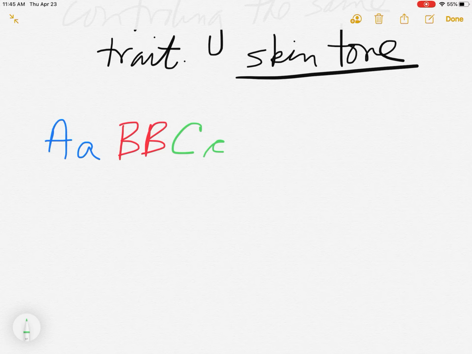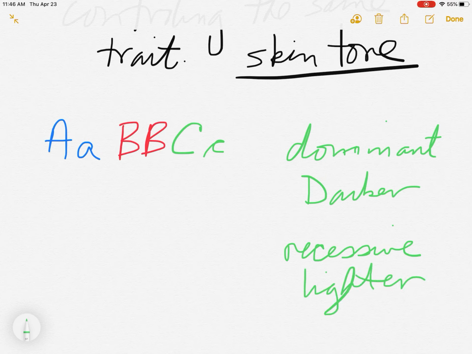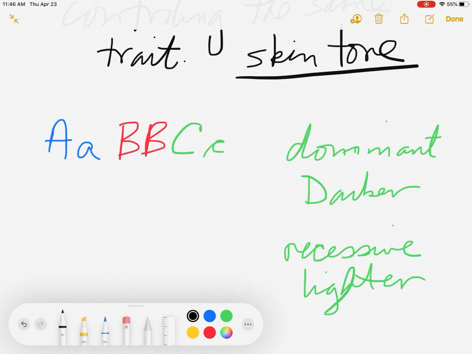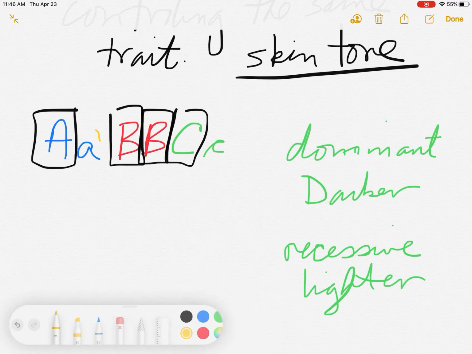Okay, so how do you know how dark your skin's going to be? Well, it turns out that the dominant allele of all 3 of these genes makes you darker. So dominant combinations result in darker skin, and recessive results in lighter skin. So what you have to do is look at all the combinations and see the combination we have here.